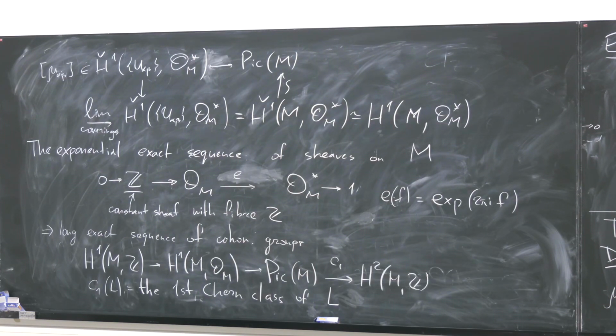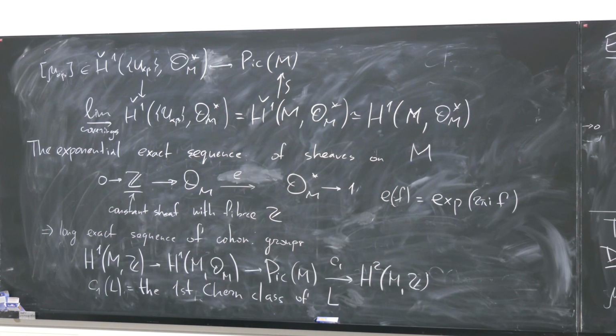Yeah, I have one. So here you use that the first cohomology with constant sheaf coefficients is the usual first cohomology. Yeah, right. I was not going to talk about sheaf cohomology too much.